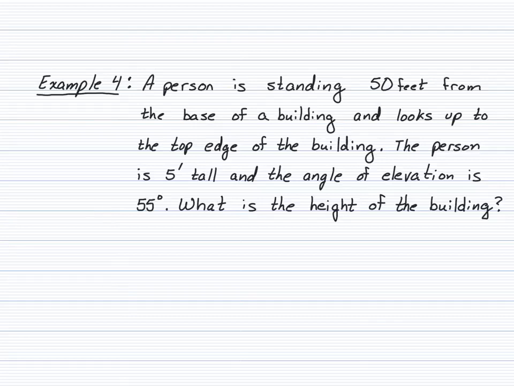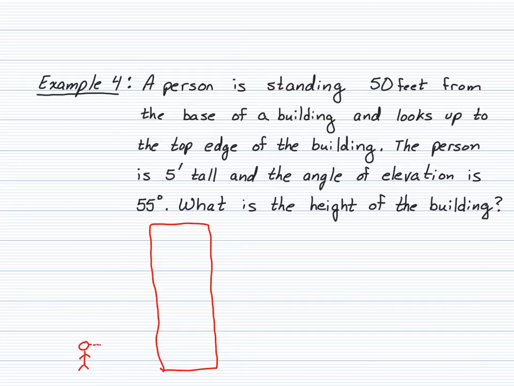All right, so the first thing I want you to do is get a picture, or draw a little picture of what is happening here. So I'll draw my little stick figure man right here, and then we've got a building going up like this. Very crooked building, but you get the idea.